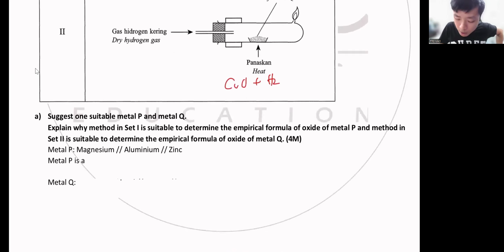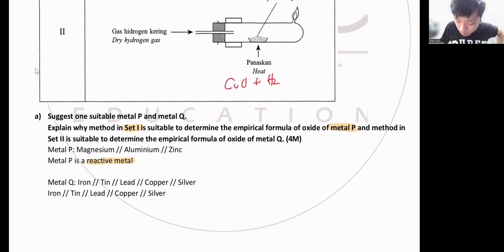Okay, then they say why is set one suitable for metal P? Because you can say metal P is a reactive metal. Okay, so for metal Q, you can suggest any of these.